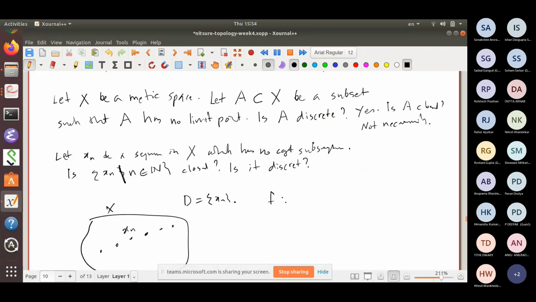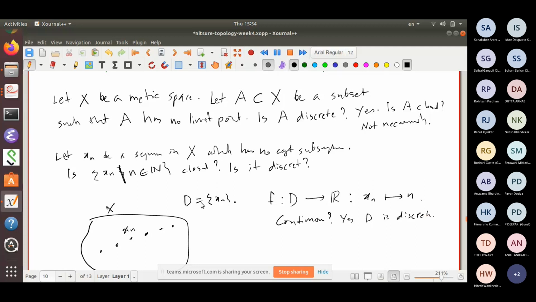Now define a map from D into R, meaning x_n goes to n. This is continuous. Why? Yes, because D is discrete. So I got a closed subset and a continuous map.